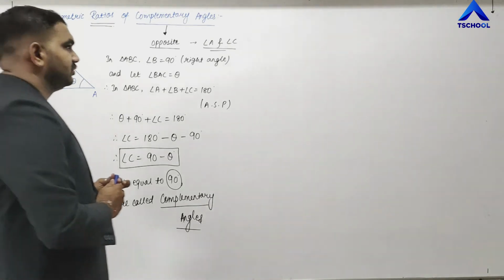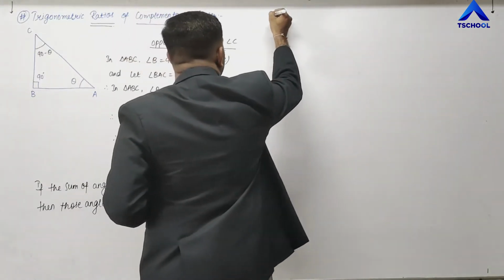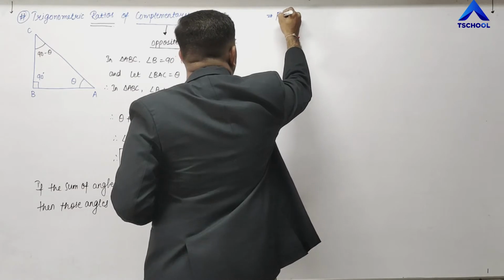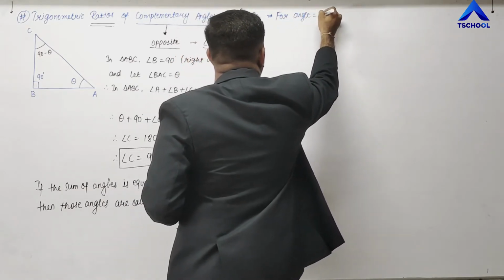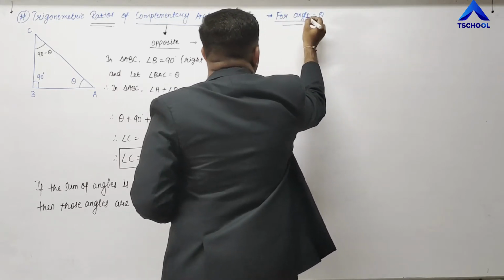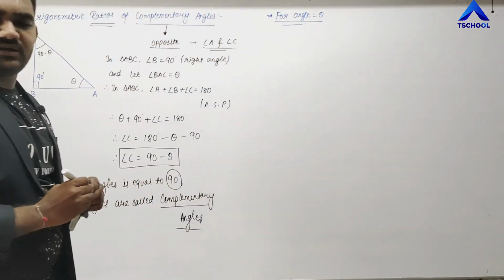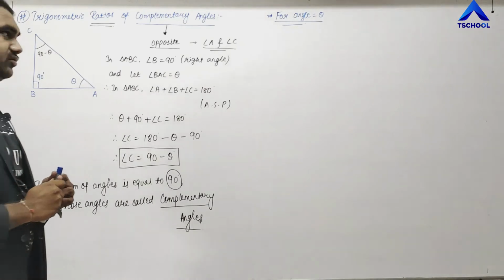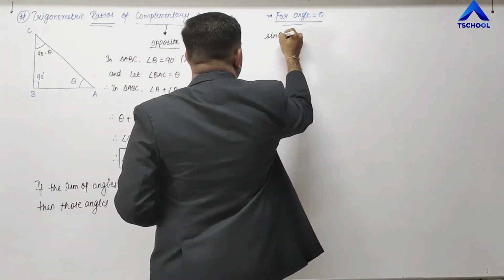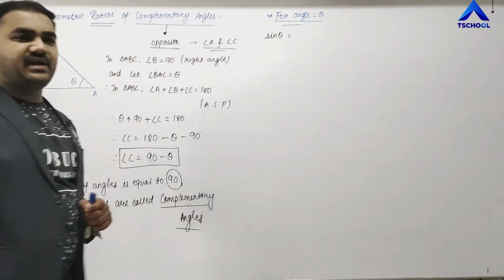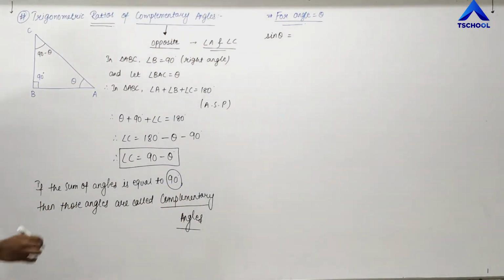Suppose for angle equal to theta, can I write down the trigonometric ratios? Yes or no? Yes. So let us see what is sine theta. That is side opposite to theta divided by hypotenuse.